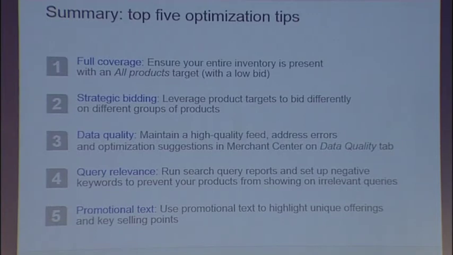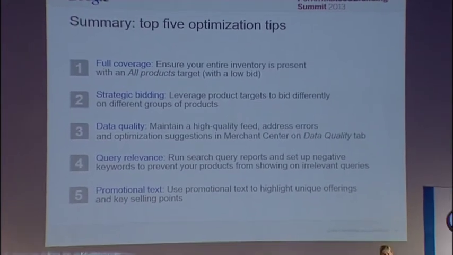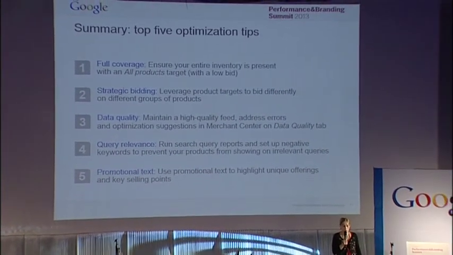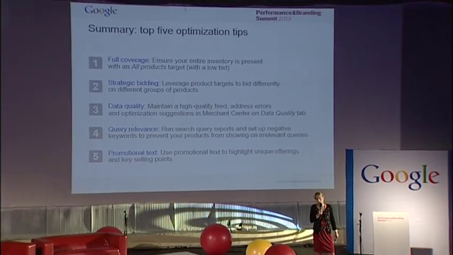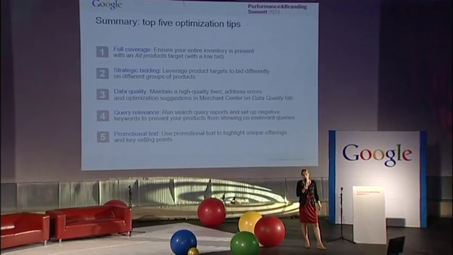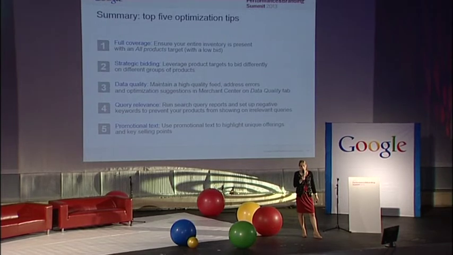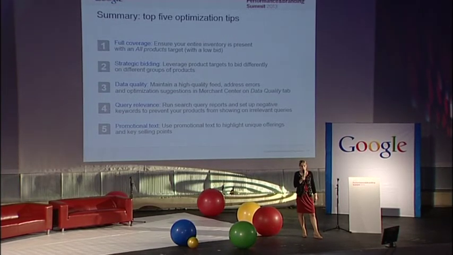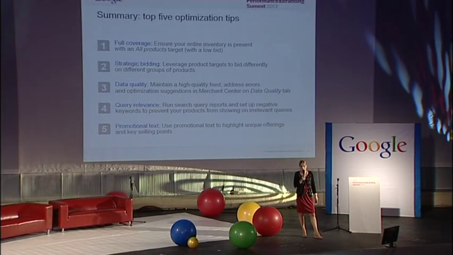And then the last step, I would say, in the optimization would be to add some promo text, just to have a call to action when your PLA shows on google.cz.